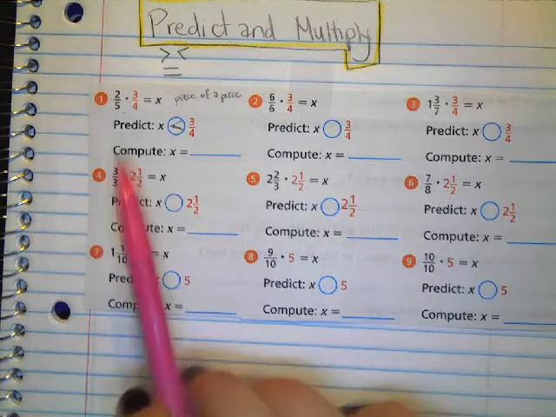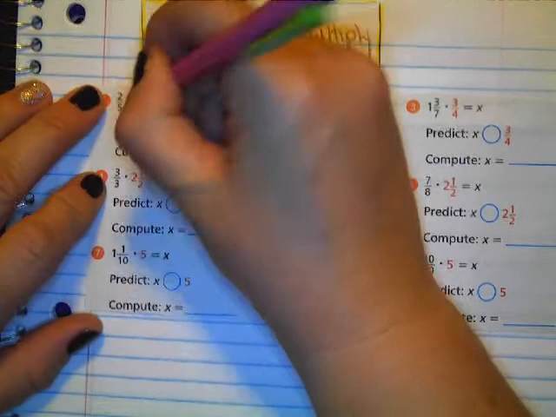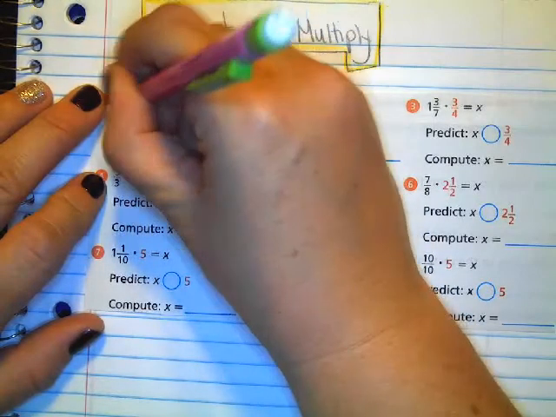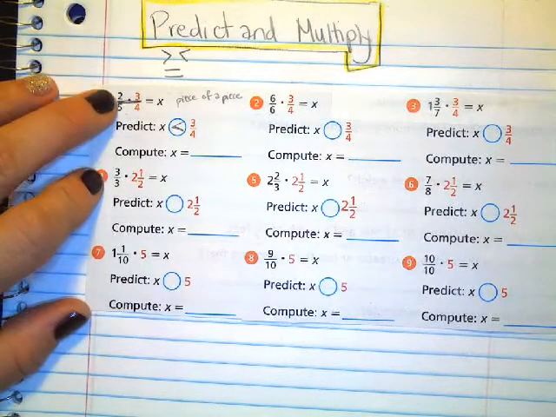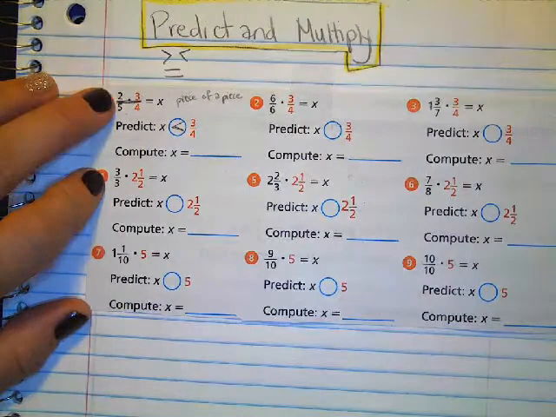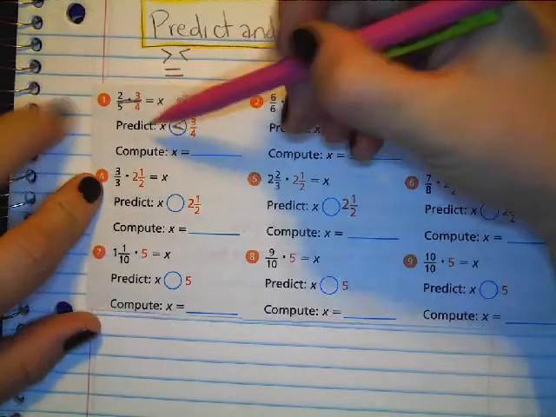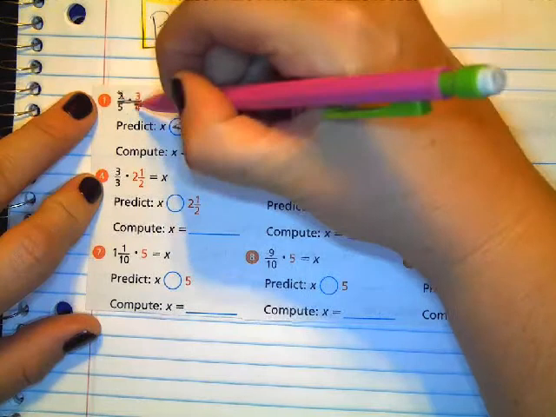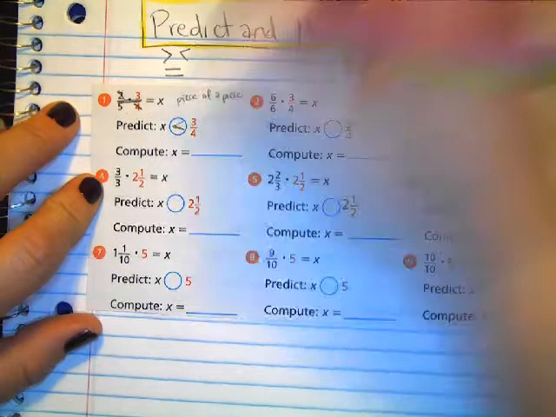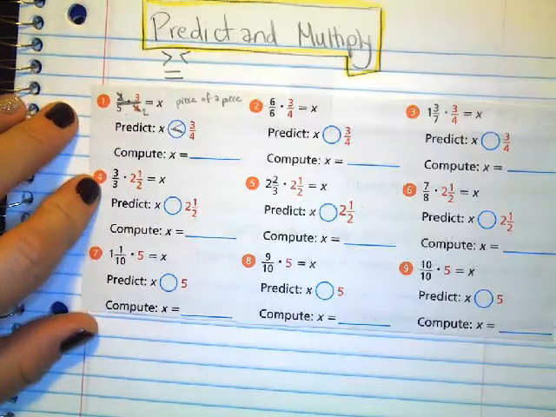So now I do the actual computation, or I solve or compute. So I just go back up here and I do what I know how to do when I multiply fractions. Are there any relationships between the top numbers and the bottom numbers? 2, 5, 3, 4. There are. The 2 and the 4 can both be divided by 2.